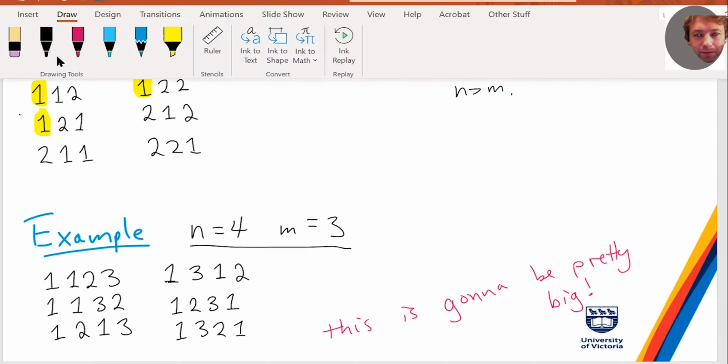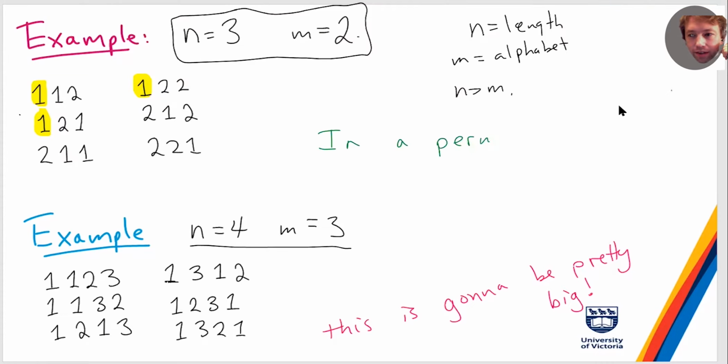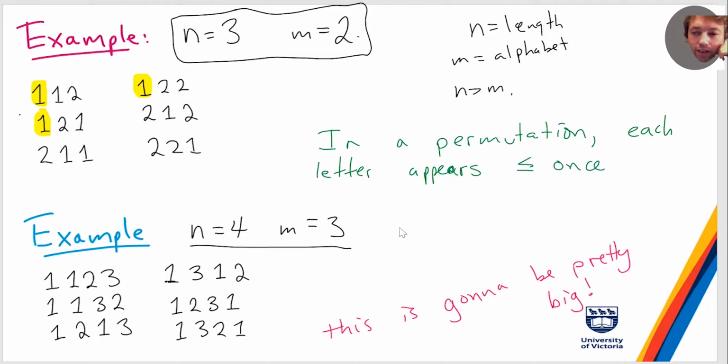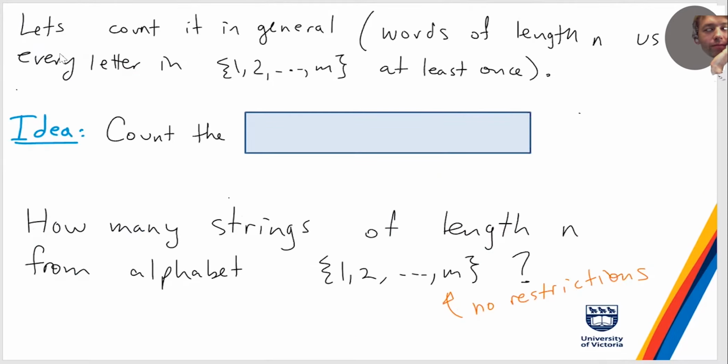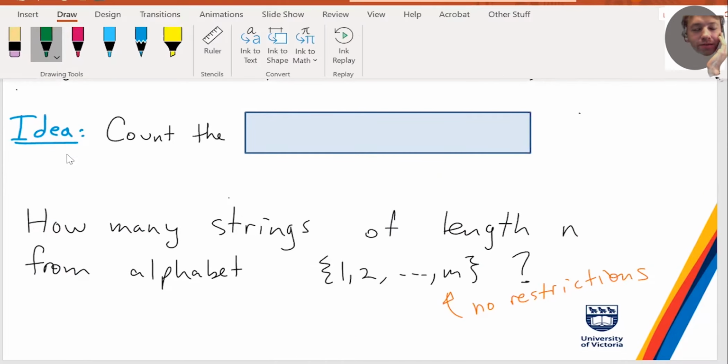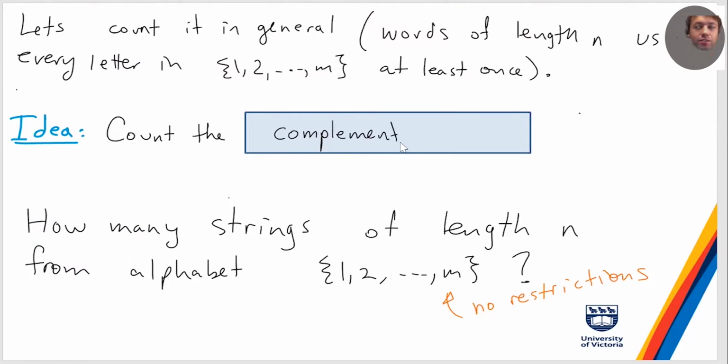In a permutation, to get the difference, each letter appears at most once, but we want each to appear at least once. So it's a little bit different. I like counting the complement. For whatever reason, I just seem to like this trick, mostly because it seems to work a lot. So let's count the complement.